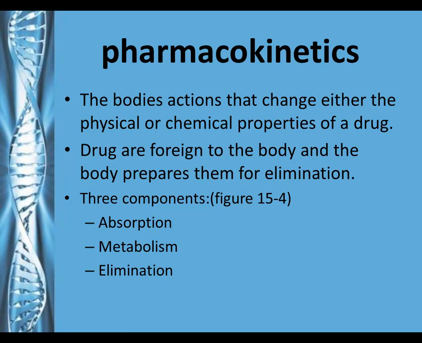There's a good figure in your book, 15.4, which shows how someone might be a slow metabolizer or a rapid metabolizer, and how that affects how the drugs are eliminated, and therefore alters the therapeutic or intended effect of that drug.